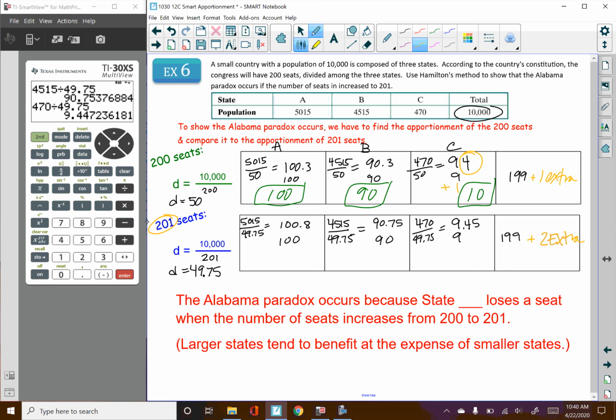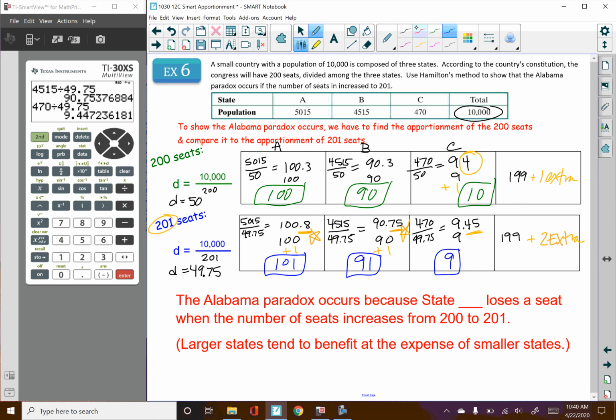Looking at our fractional remainders, the first extra is going to go to state A, and the second extra is going to go to state B because they have a higher decimal remainder than state C does. So our final apportionment is 101 for state A, 91 for state B, and 9 for state C.